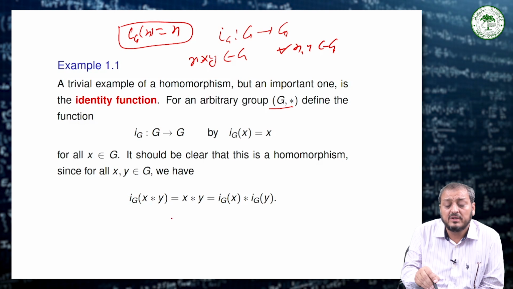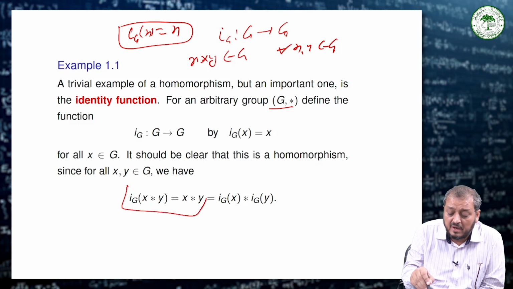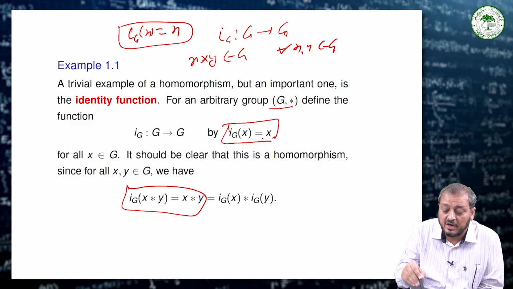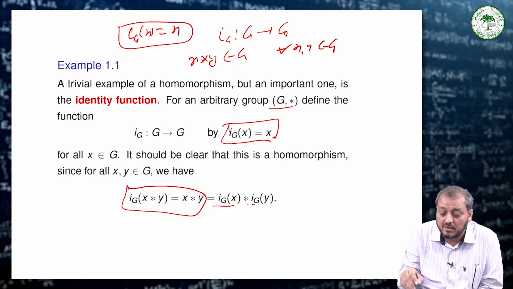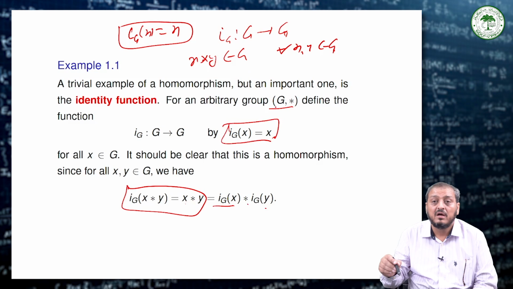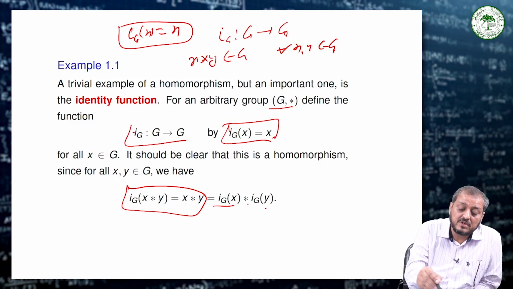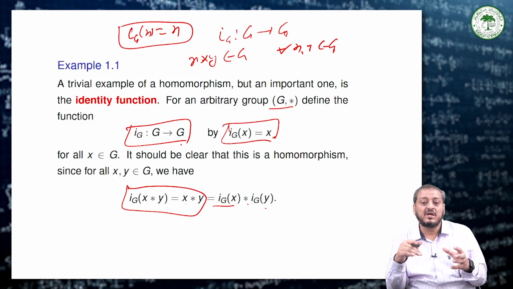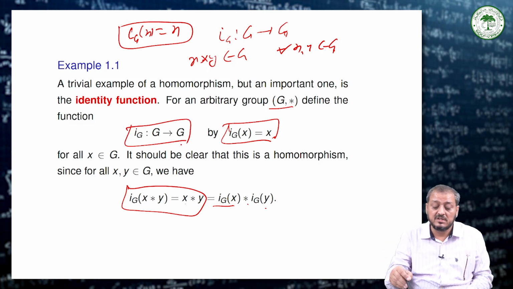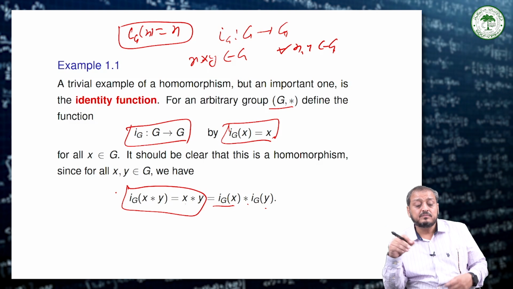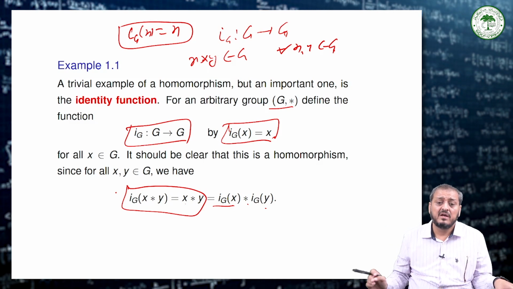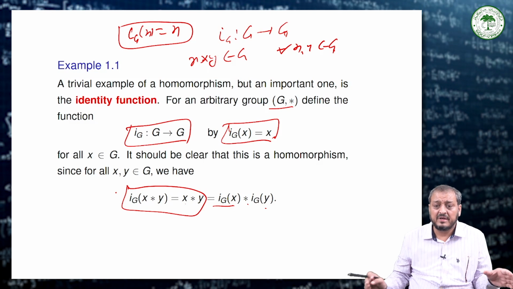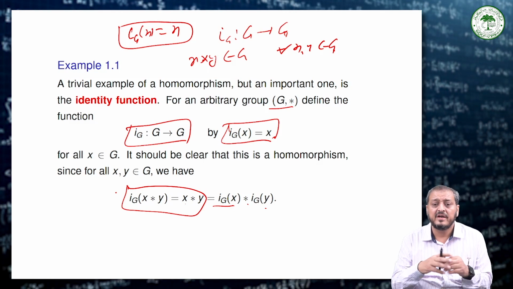I_G of x composition y is the same as x composition y, because we define I_G as the identity function. So, this is x composition y because this map is defined from G to G, so both binary operations are the same. This means we can simply say that a trivial example of a homomorphism, but an important one, is the identity function.